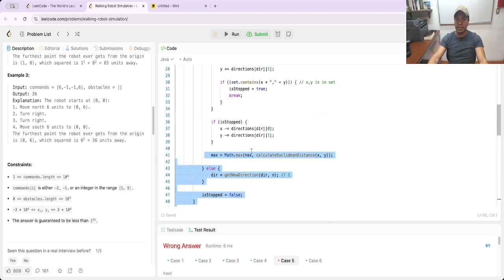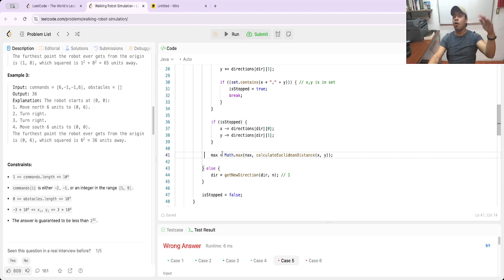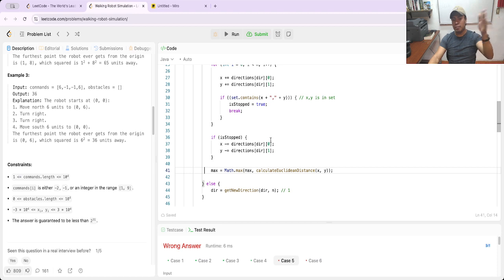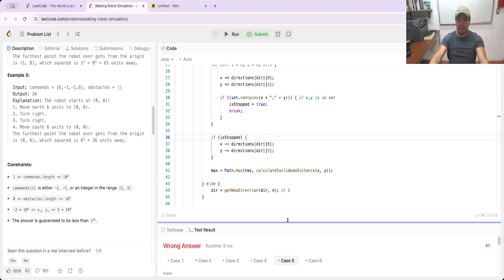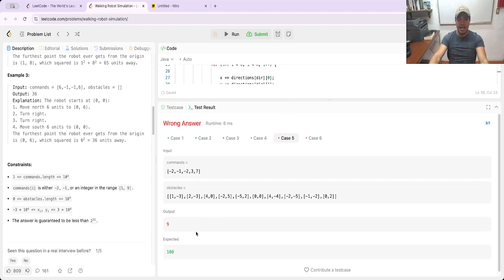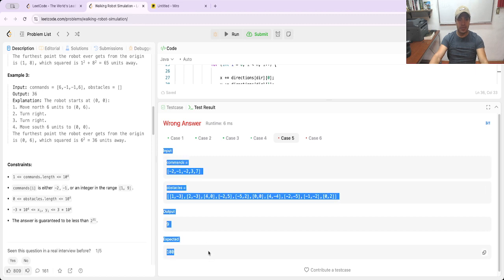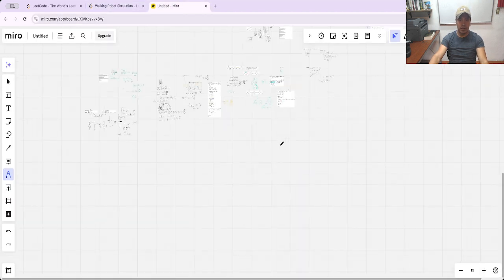For this reason, I have this max here, because basically in the end of each command is calculate. Obviously, if appear an obstacle, okay, it stops and is calculating this point. All the time I am trying to calculate this, but I'm not sure what happened here. Maybe it's time to check here.